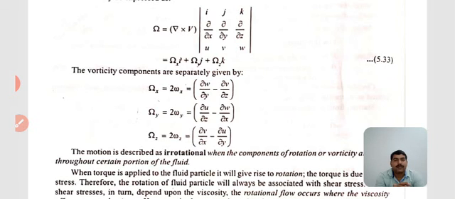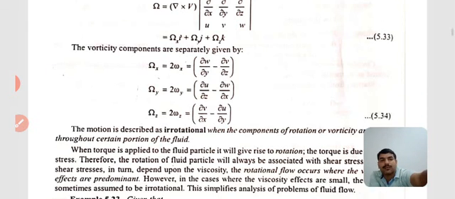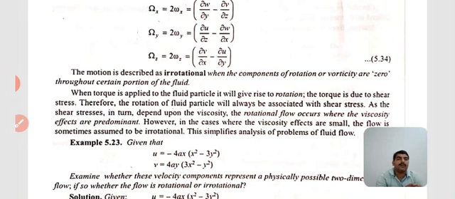The motion is described as irrotational when the components of rotation or vorticity are 0. Now the topic, circulation and vorticity, is complete.